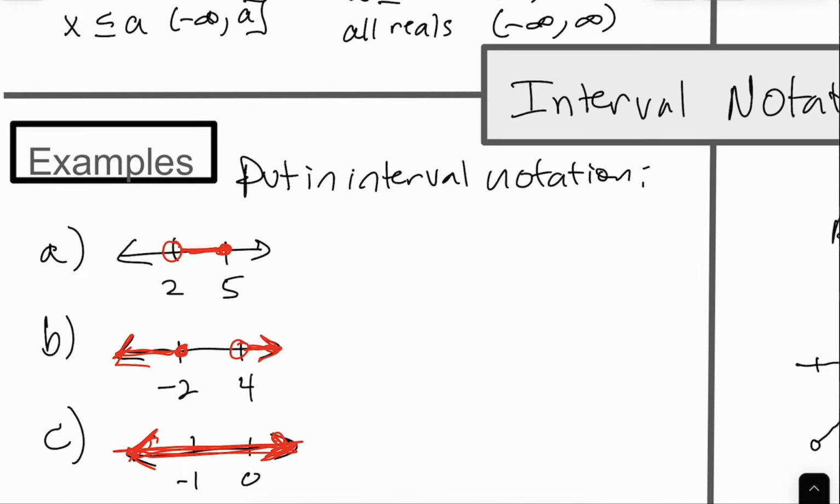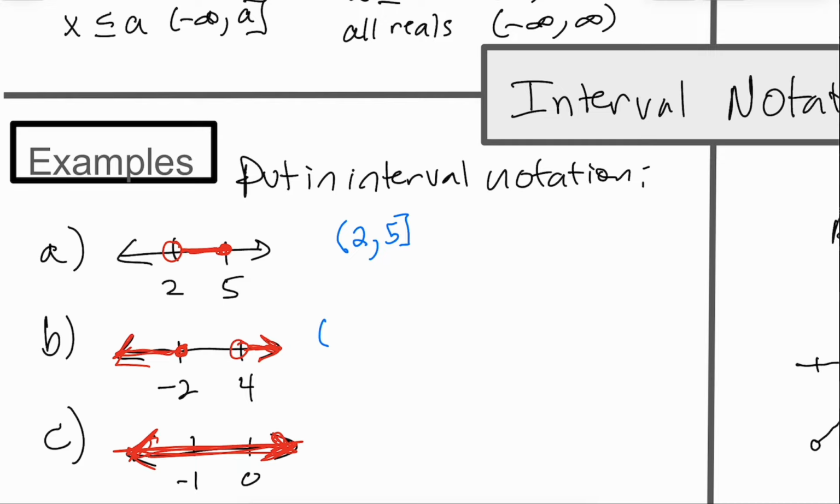Let's put these inequalities into interval notation. The interval for A is I am not going to include the 2, so I use a parenthesis, but I can have everything from 2 to 5, but I want to include the 5. Now B has 2 distinct pieces, so you should have 2 intervals with a union symbol between them.